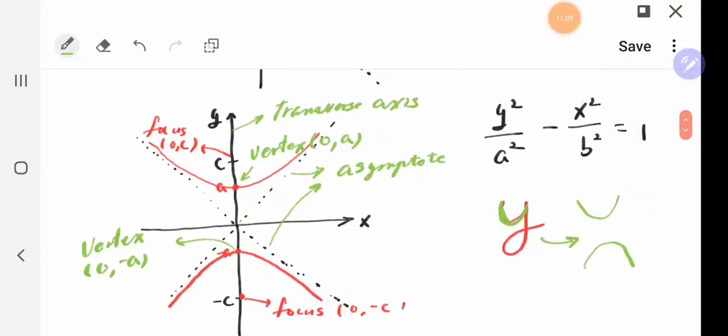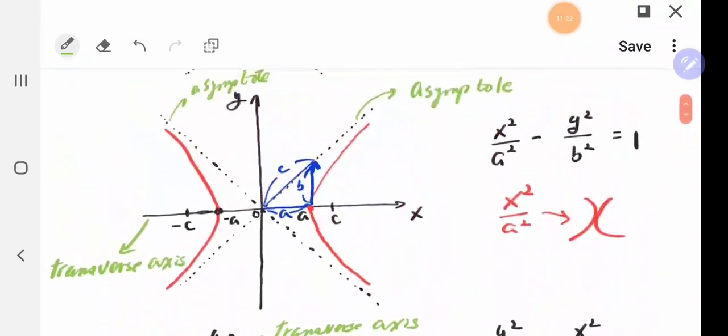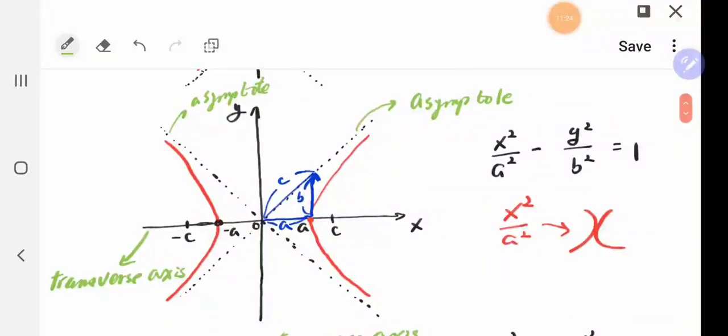So if a hyperbola equation starts with y squared first, then minus x squared, the graph is concave up and down together, and it looks like y. And if x squared comes first, then minus y squared, it looks like x, opening to the left and to the right.